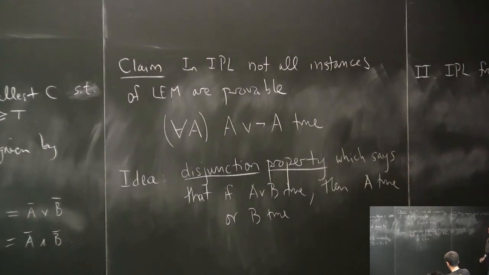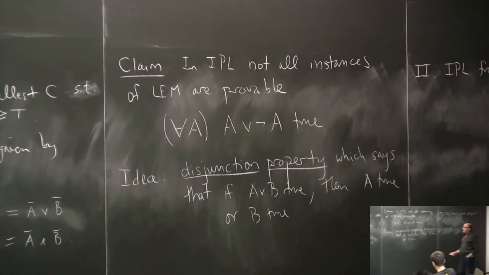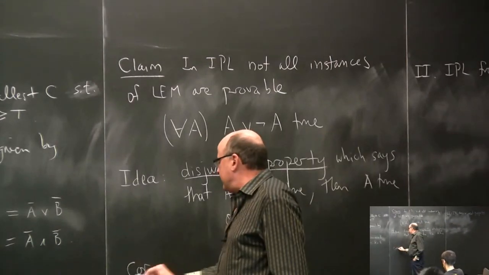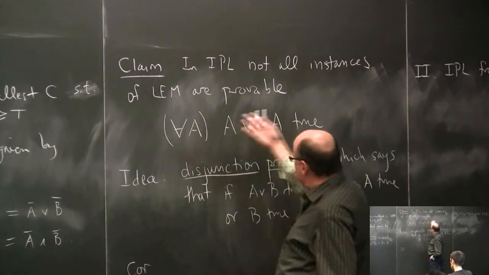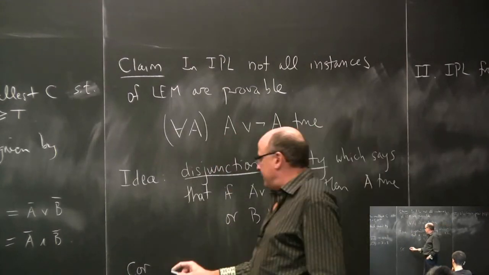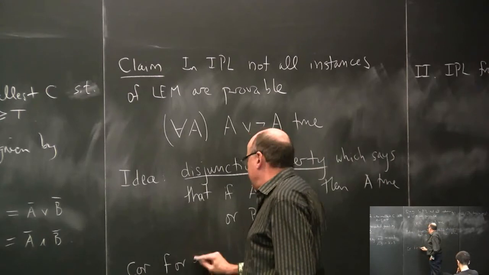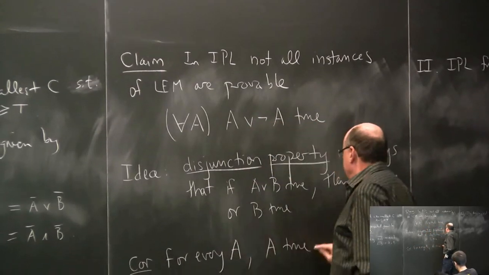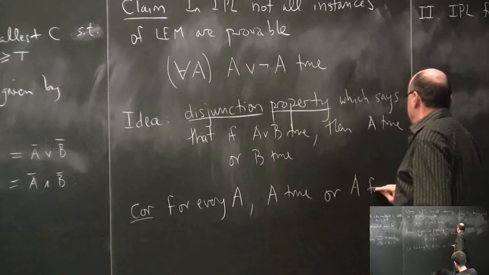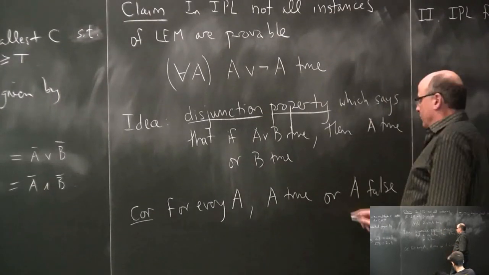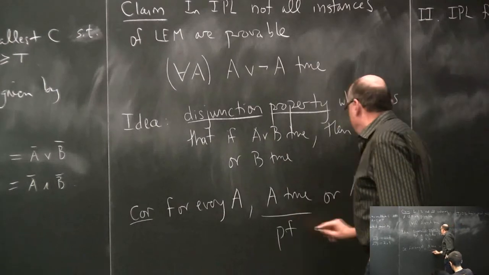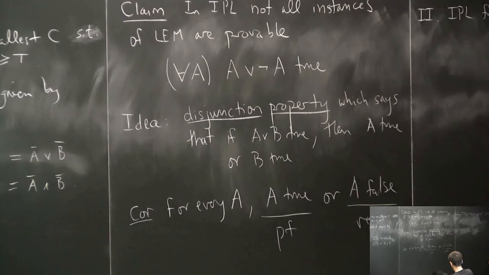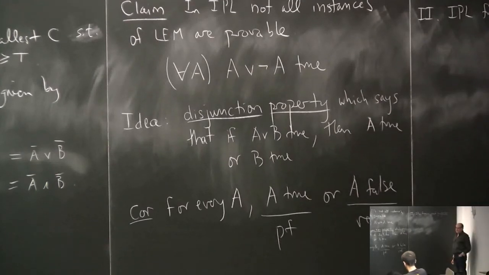But let's just say if we have the disjunction property, then what would happen is the law of the excluded middle holds. The corollary of that holding with the disjunction property would mean that for every A, I have either a proof or a refutation: either A is true or A is false, which is refutable. And of course, manifestly, we understand that we do not have such a thing.